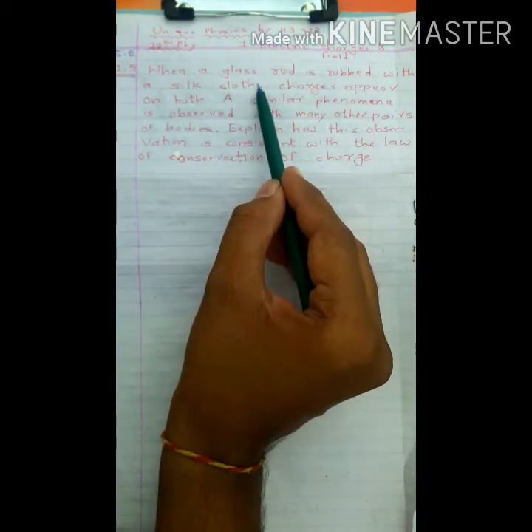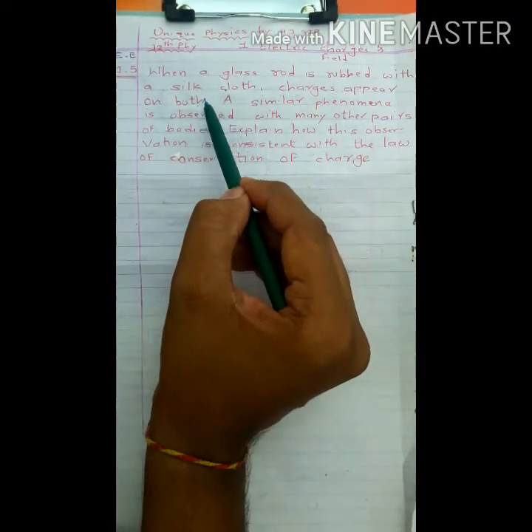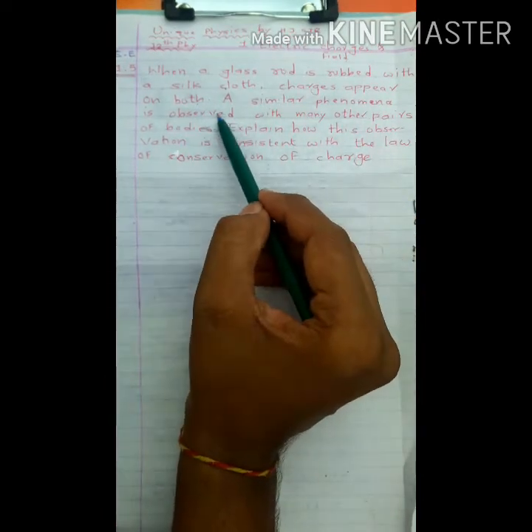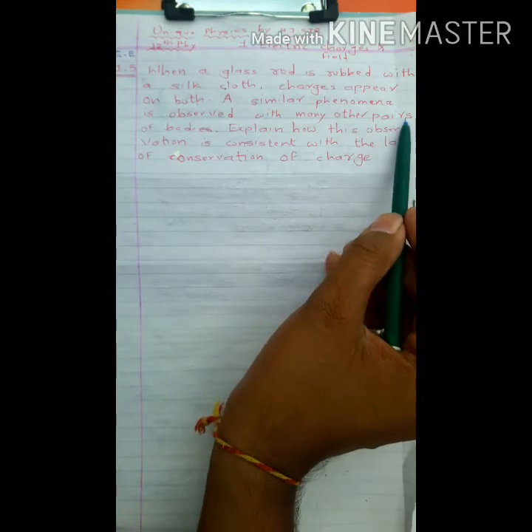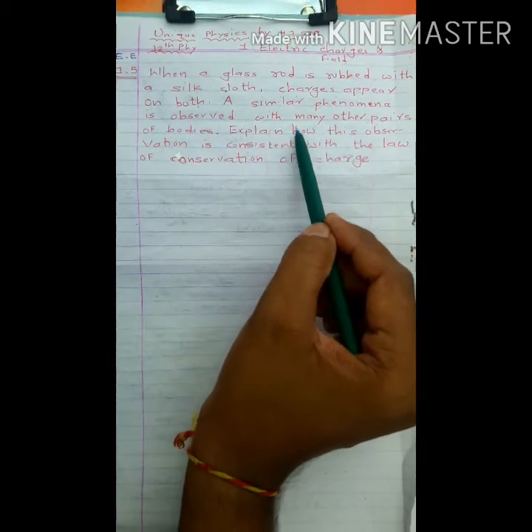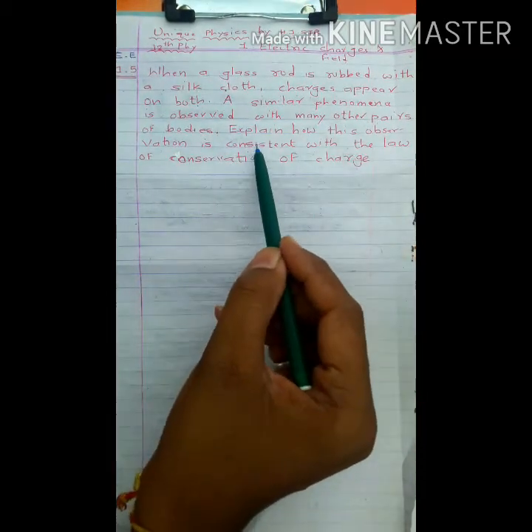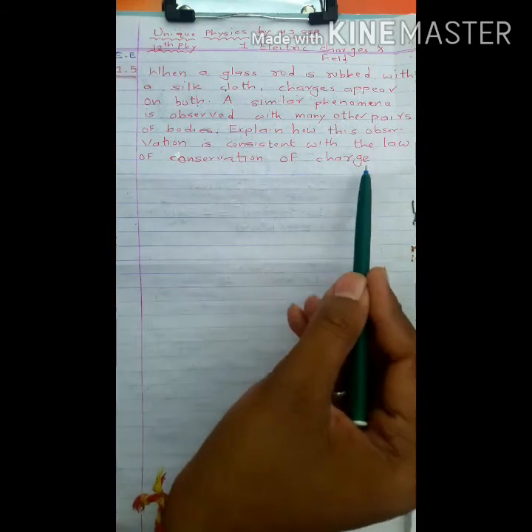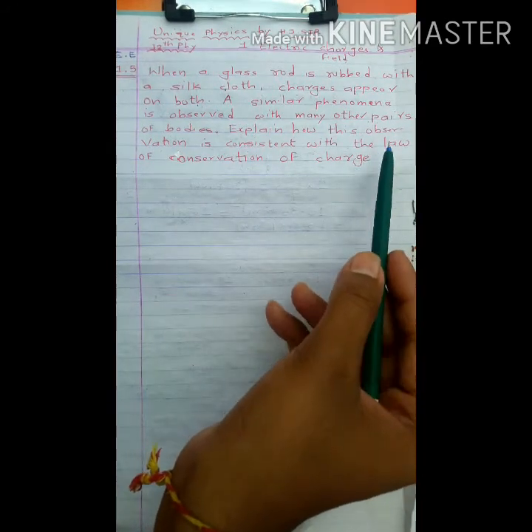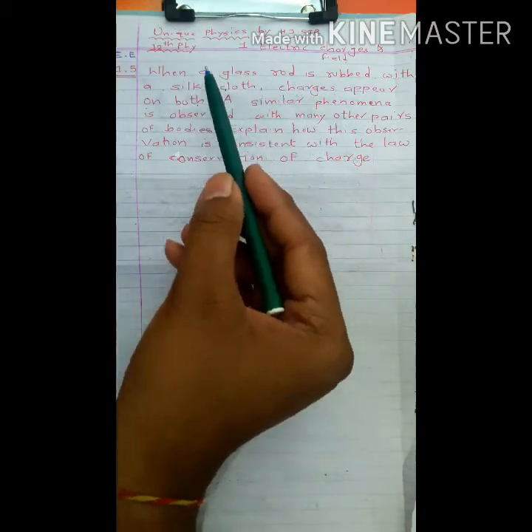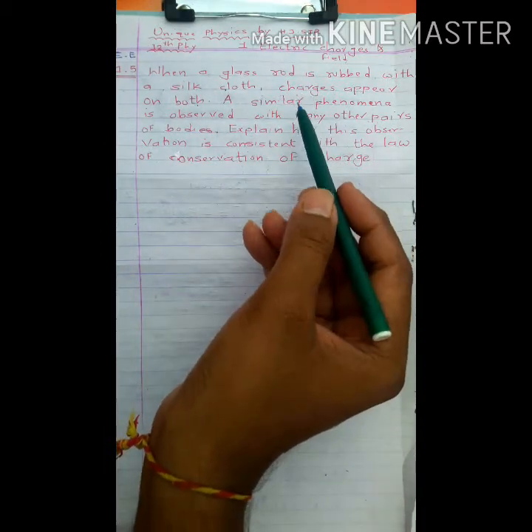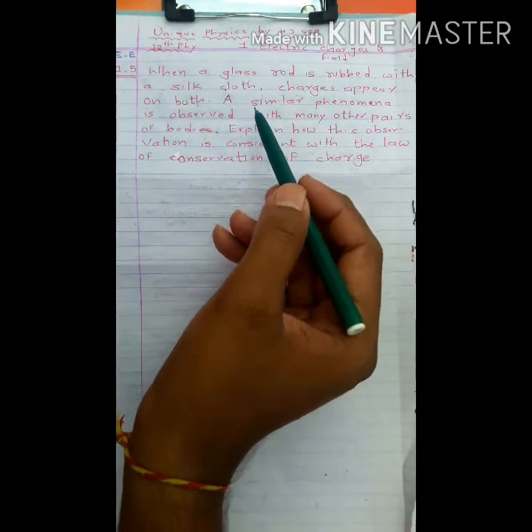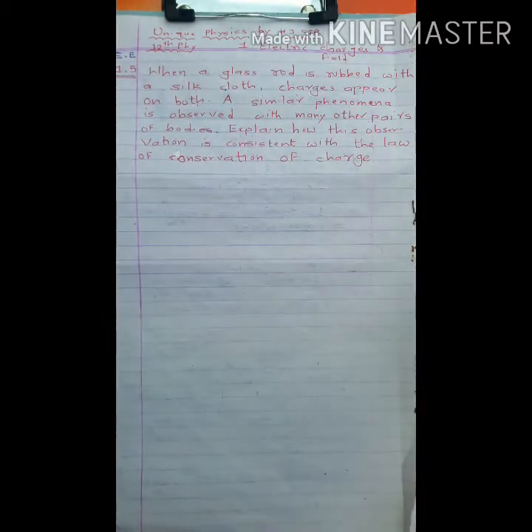A similar phenomenon is observed with many other pairs of bodies. Explain how this observation is consistent with the law of conservation of charges. So in terms of the law of conservation of charges, we will explain the phenomenon of the rubbing process.